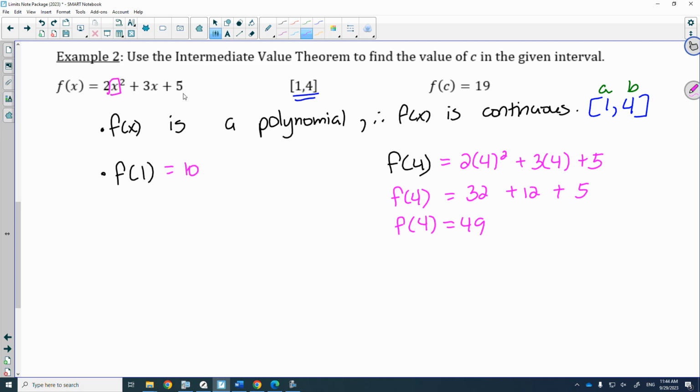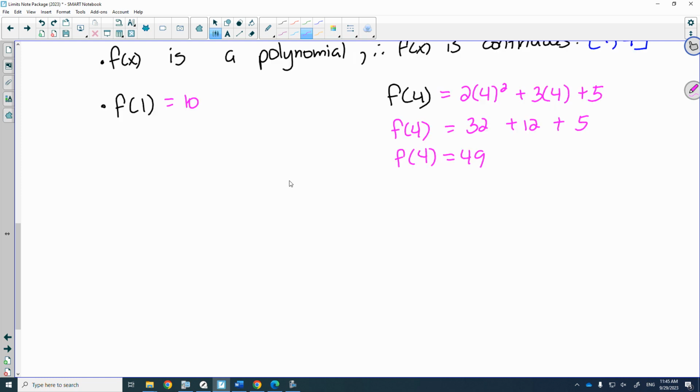Okay, so let's think about what this is asking first of all. My graph is going to go from a y value of 10 to a y value of 49, will that graph cut through a y value of 19 somewhere? Yes. Okay, so that's what we're going to show. So let's just do a little tiny sketch to sort of visualize this.